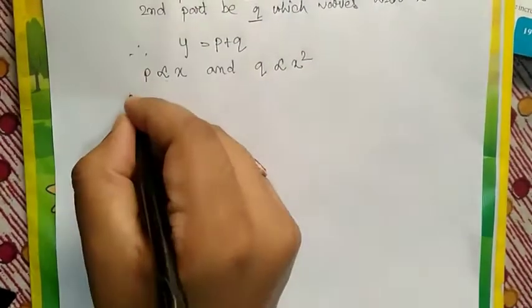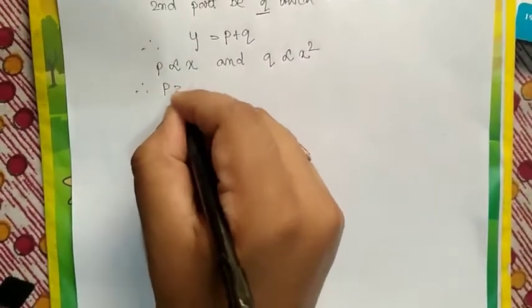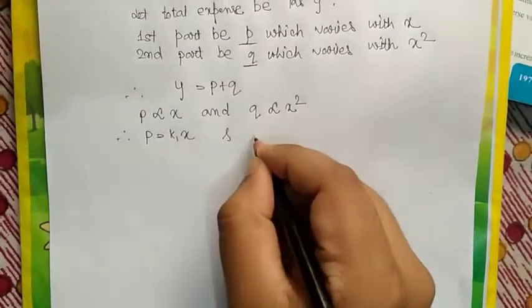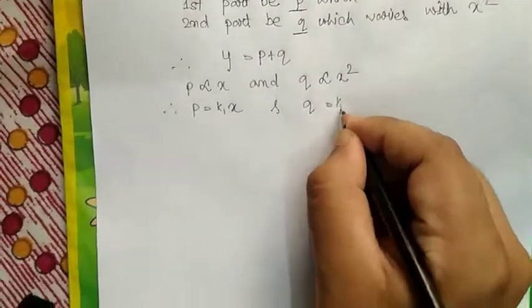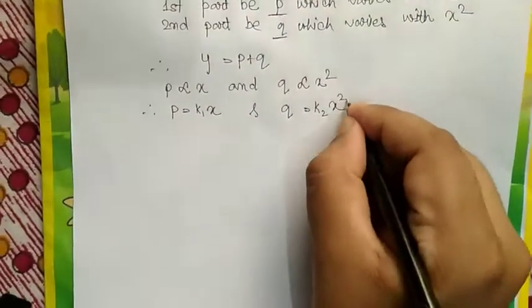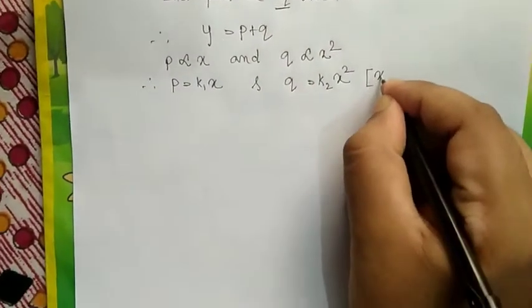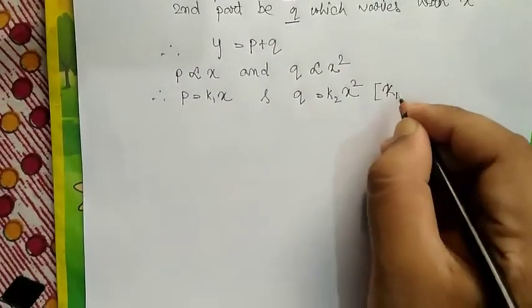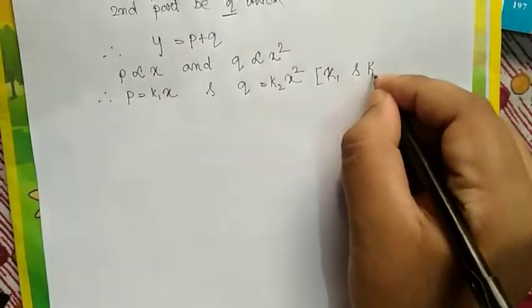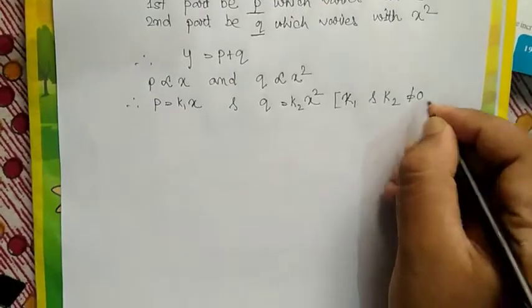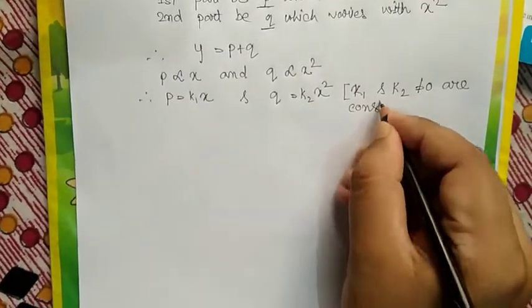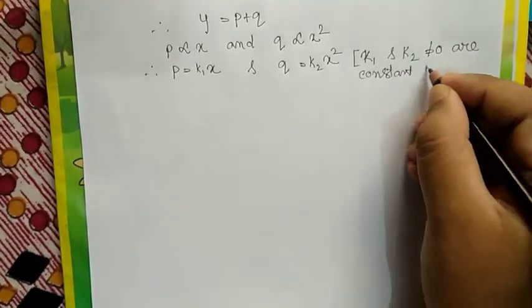So now we can assume p equal to k1x and q equal to k2x square, where k1 and k2 are not equal to 0 and are constants of variation.